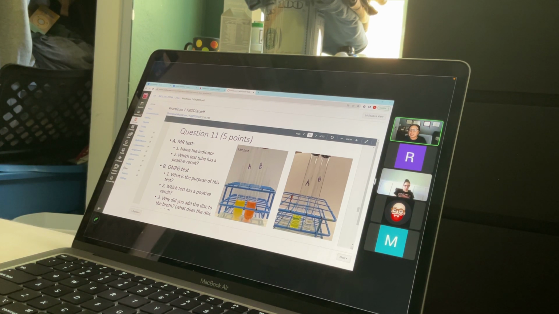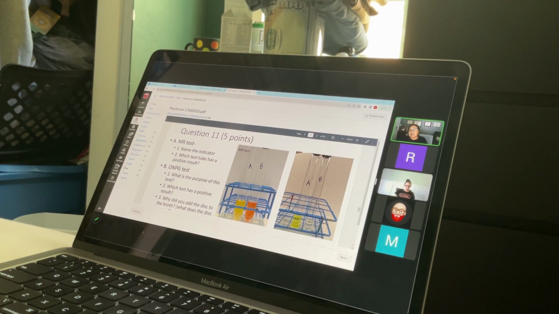There is a change in pH. This is fermentation. The methyl red stays red because it's an acidic environment. On the other side, the methyl red did not stay red because it's a basic environment, so no fermentation happened there. The product is a mixed batch of acid, and that's why there's a change in pH and why the methyl red stays red.